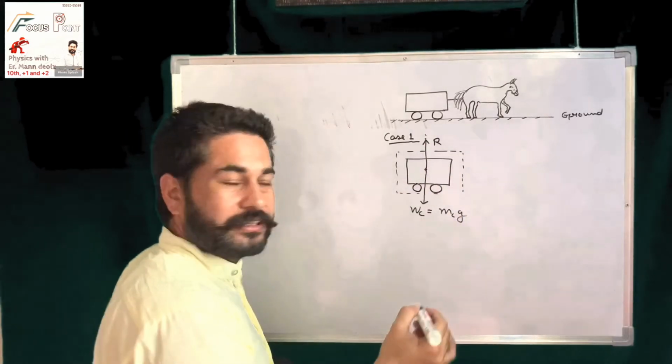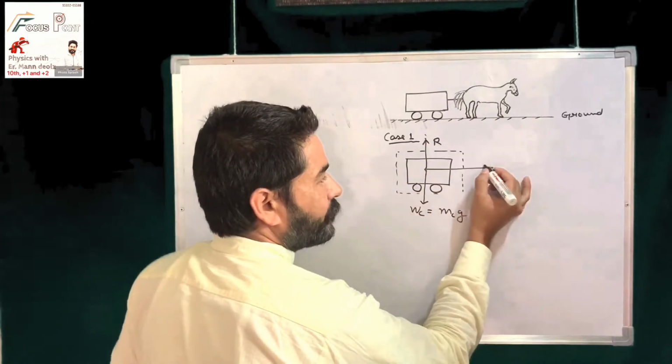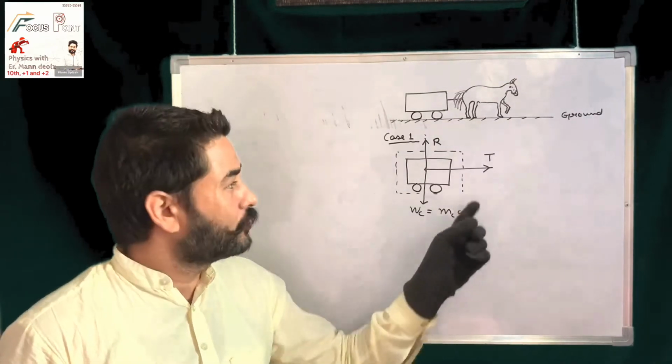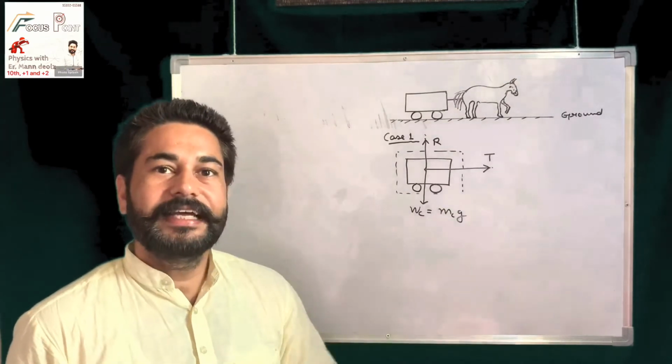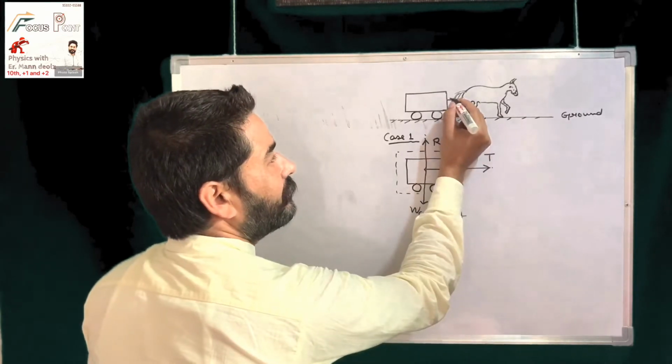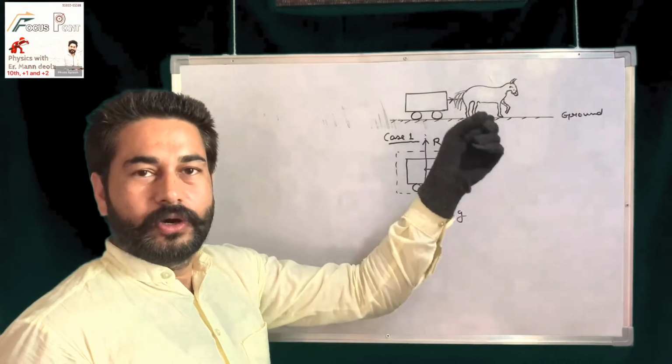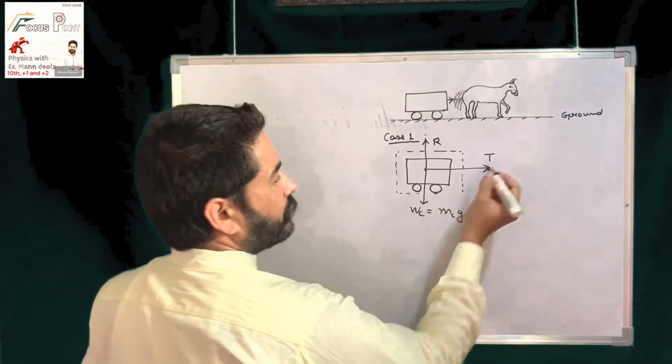Then another force: this cart is being pulled by the horse, so we mention it as a tension. So there would be a tension in the rope which connects the horse with the cart. Okay, so this is the tension.